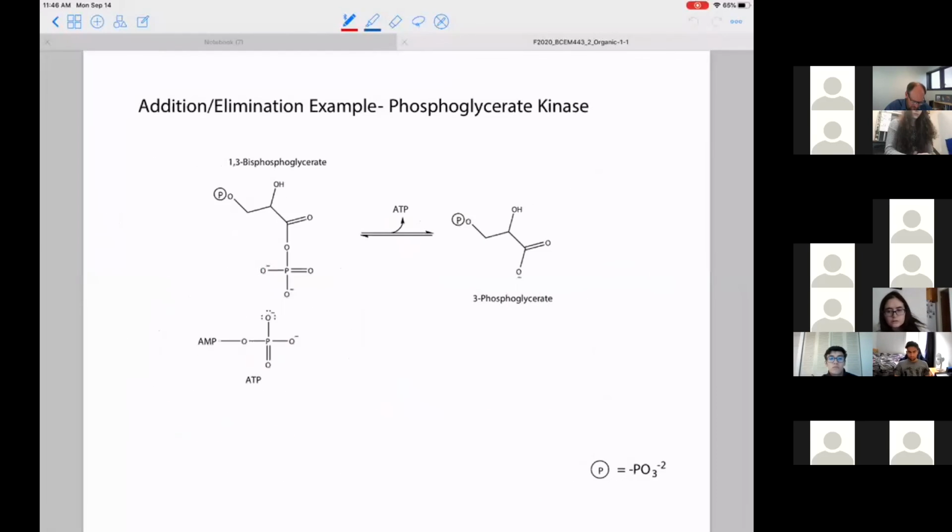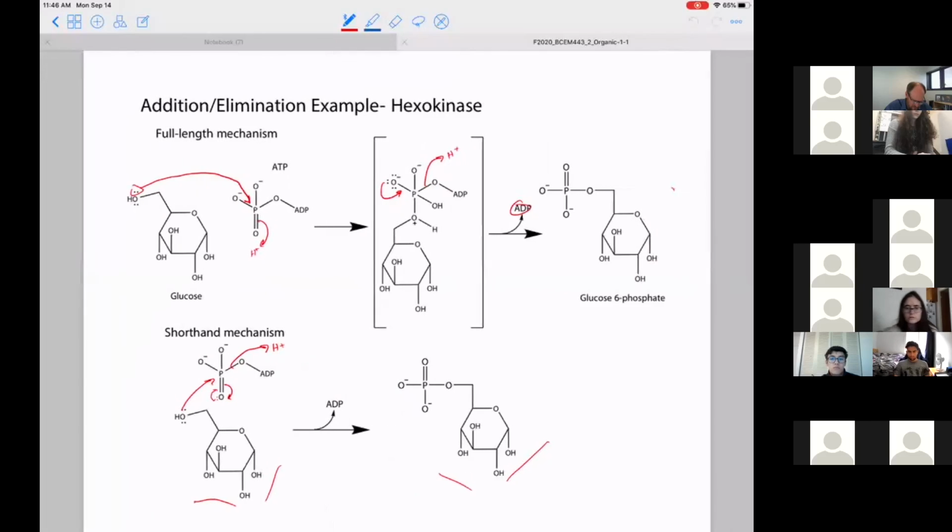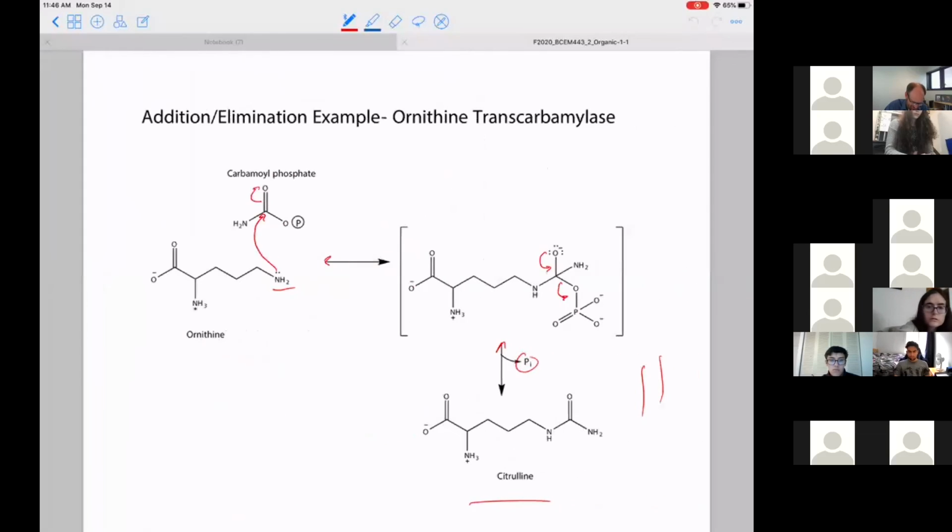Right here. Okay, so COSAR's question is, wouldn't the phosphate be a better electrophile compared to the carbonyl?